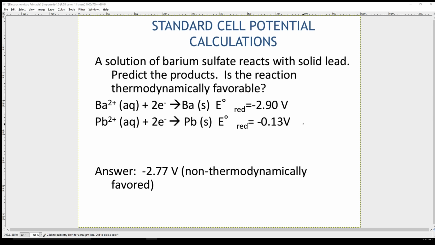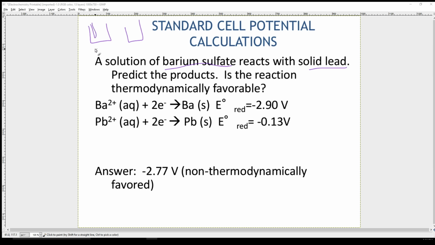It looks like... Oh, wait a second. Well, okay, lead is more likely to be reduced. So, usually we'd expect that. However, they're telling us we've got a solution of barium sulfate and solid lead. So, draw that little picture. I almost got tricked.